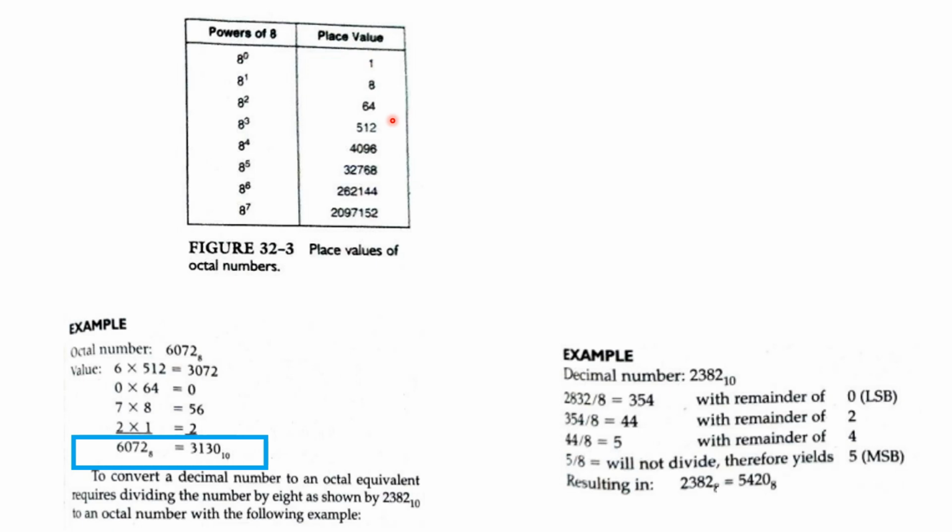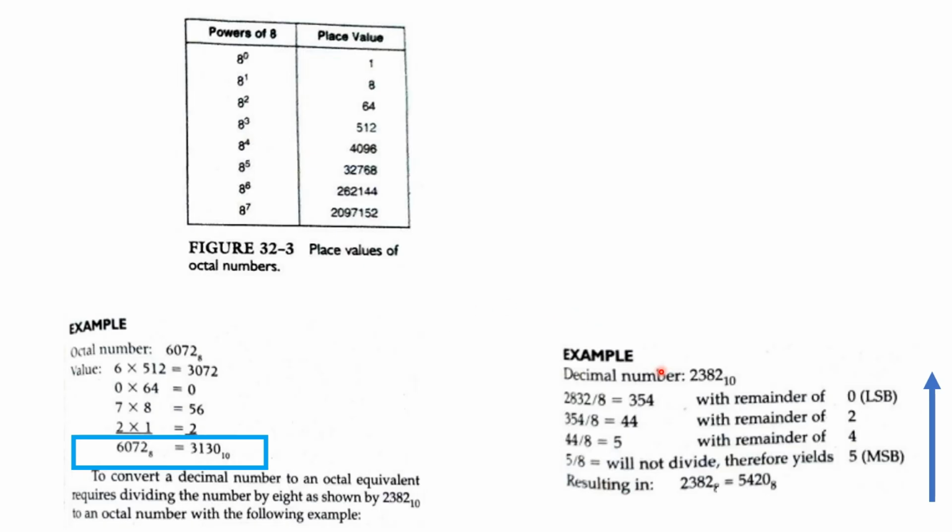Okay, so you add the total, and that becomes this one. Again, base 10 means that's the decimal number. Base 8, that's the octal number.